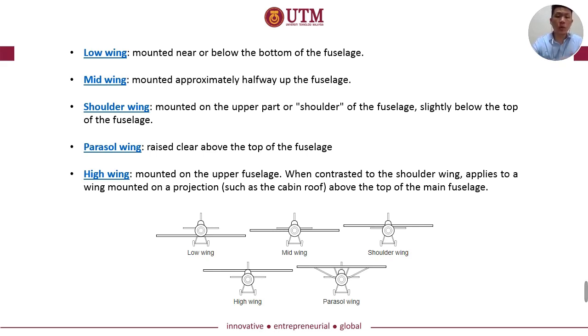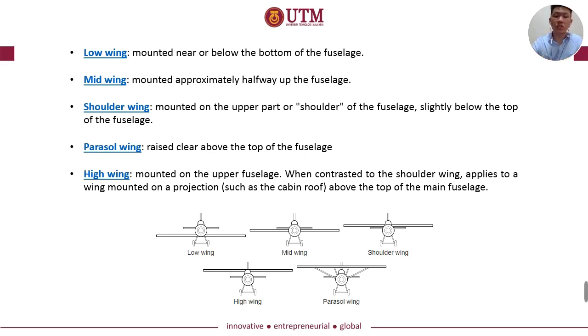Low wing is the wing mounted near or below the bottom of the fuselage. Mid wing is the wing approximately halfway up the fuselage, and shoulder wing is the wing mounted on the upper part, or shoulder, of the fuselage, slightly below the top.